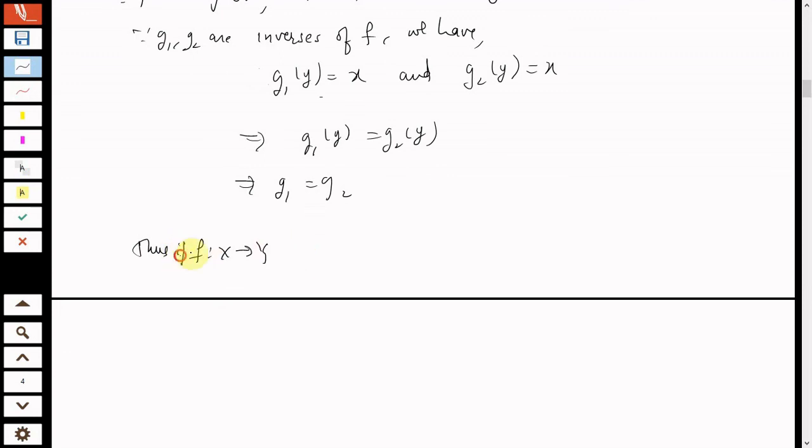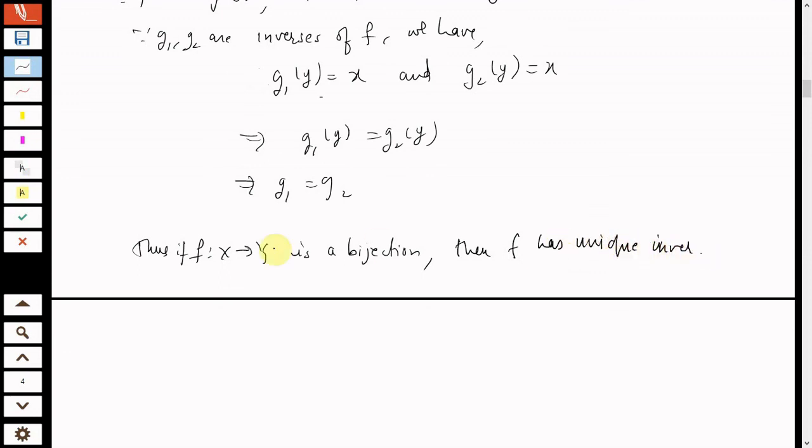If it's a bijection, so I am not saying that if the function has an inverse. Now, bijection naturally implies that the given function will have an inverse. So if f is a bijection, then f has a unique inverse.